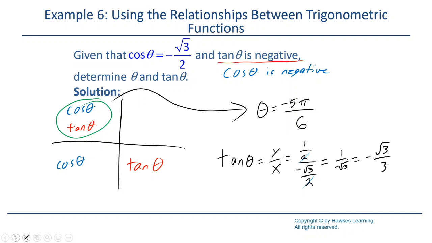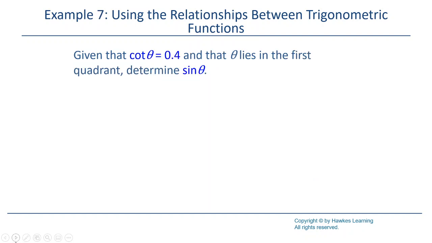Now, the other thing, so given that cotangent of theta is 0.4 and that theta lies in the first quadrant, determine sine of theta. So this one's not quite as nice. We don't know the angle.